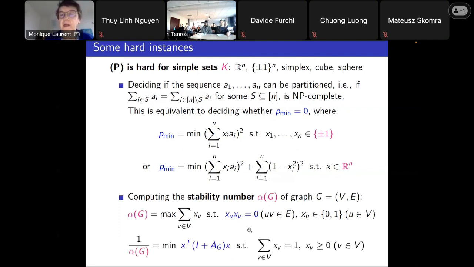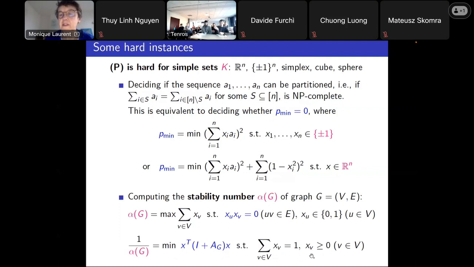Another way to reformulate it as a continuous polynomial optimization problem would be to minimize a quartic polynomial over the standard simplex, which is known to again model the stability number. So, minimizing a degree 2 polynomial over the standard simplex.